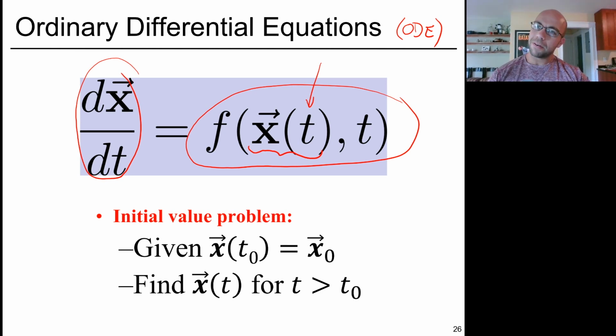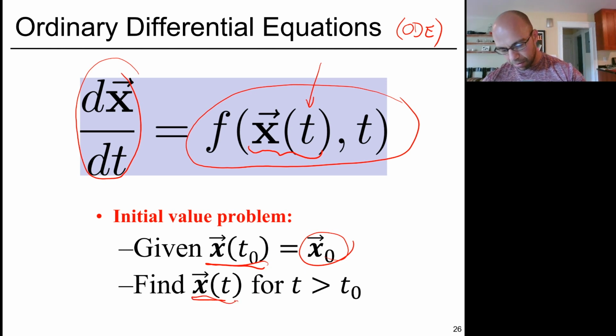And oftentimes in an ODE, by the way, this is abbreviated as ODE, the input and the output are as follows. The input is that we're given the configuration of our system at some time t naught. We can call that x naught. That's like the input to our ODE solving software. And then the output is to find x of t as a function of time for time bigger than t naught. So think about our physical system.